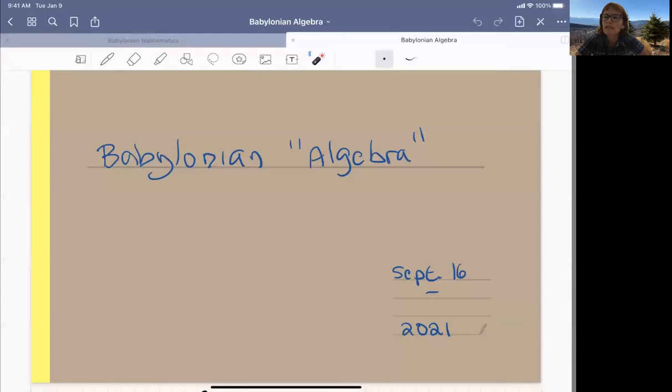You probably solved exactly the same kind of problems in high school algebra. But the Babylonians solved the problems without using any algebraic notation. And so as a result, what they did on their texts is basically show what steps you had to take using words and doing the calculations, but without ever using any sort of algebraic notation.